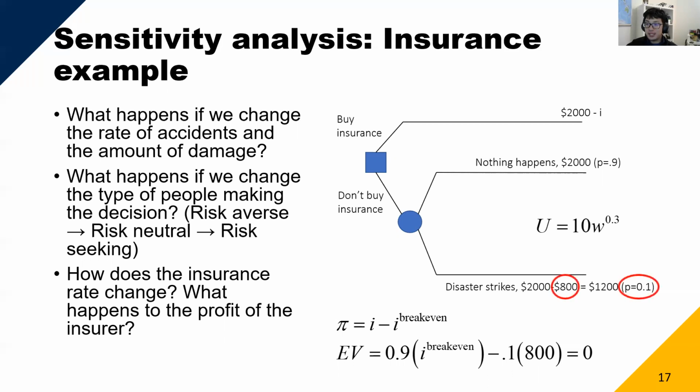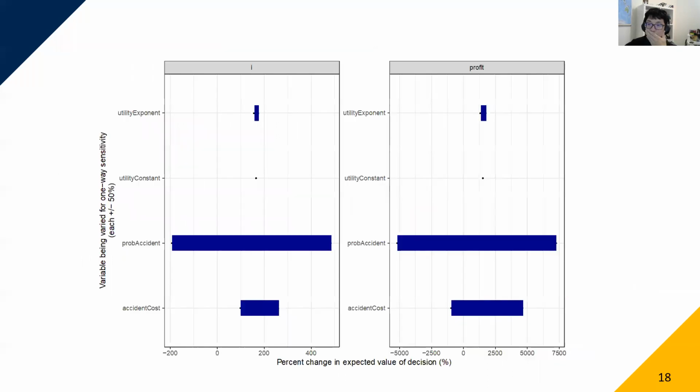So we can do things like modify the damages and the probability of those damages. We could modify the parameters of the utility function. And we can see what happens here.